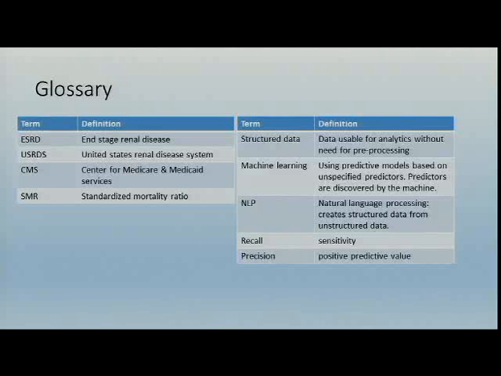Machine learning is where we use predictive models without specifying predictors. The predictors are discovered by the machine. Natural language processing, in the EMR-based phenotyping world, is mostly used for text, where we take raw text and create structured elements out of it that we can use for downstream analytical purposes. Recall and precision, in the clinical world, are sensitivity and positive predictive value.